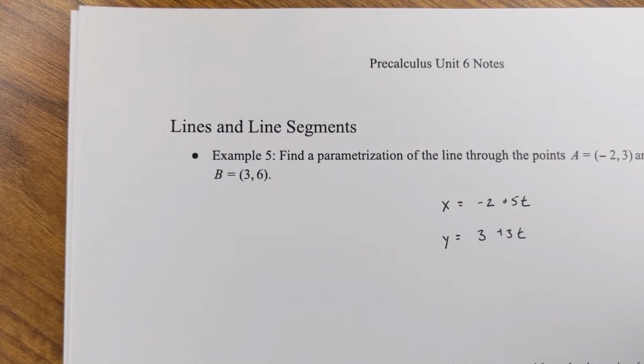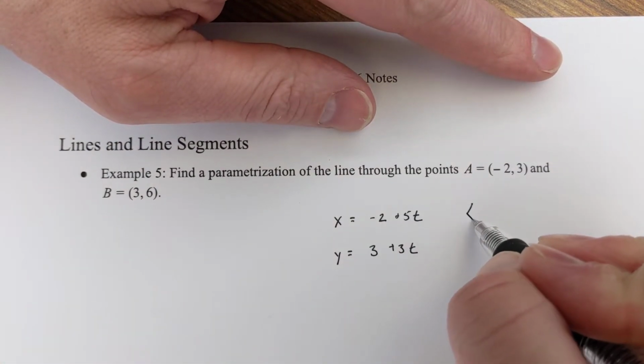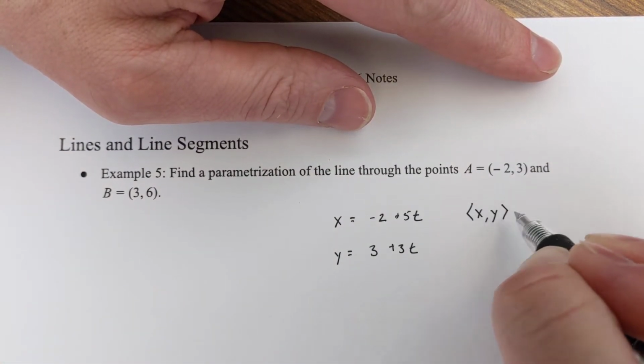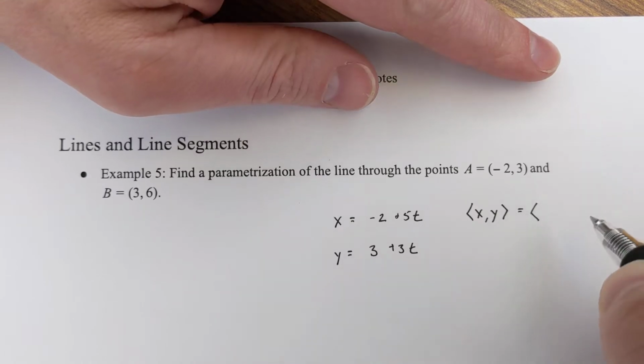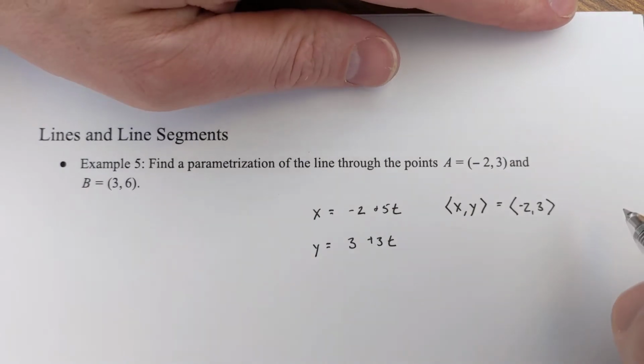What you really want to do is, if you think about it in terms of vectors, you have some vector x, y, and you start at your initial point (-2, 3).